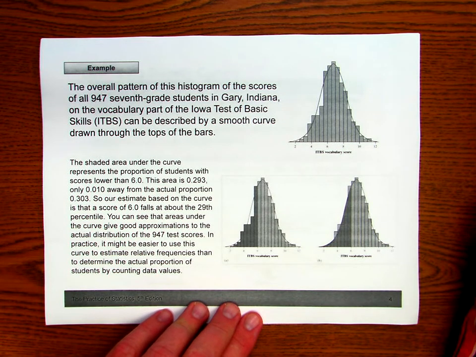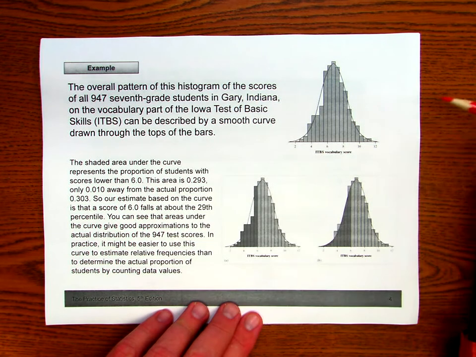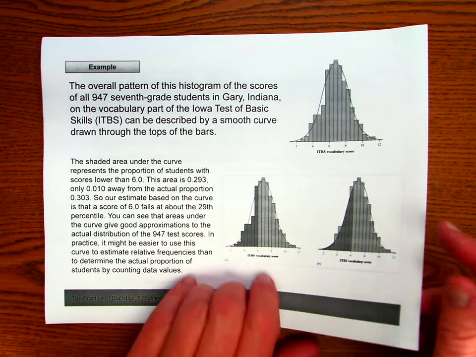This area is 0.293, only 0.010 away from the actual proportion of 0.303. So our estimate based on the curve is that a score of 6 falls about at the 29th percentile. You can see that areas under the curve give good approximations to the actual distribution of the 947 test scores. In practice, it might be easier to use this curve to estimate relative frequencies than to determine the actual proportion of students by counting data values.